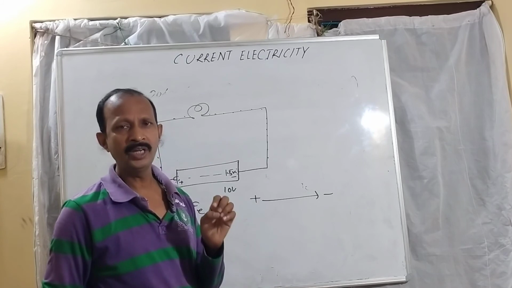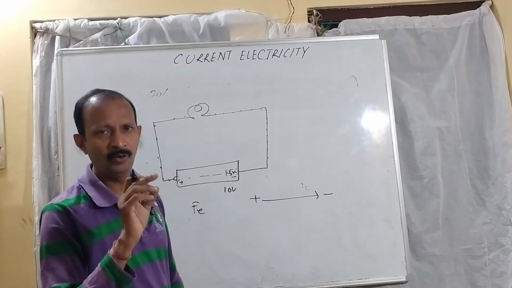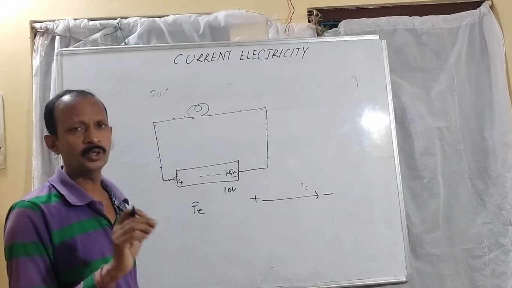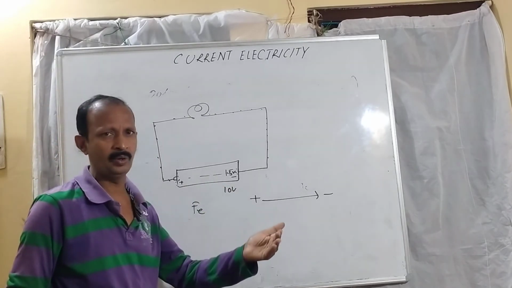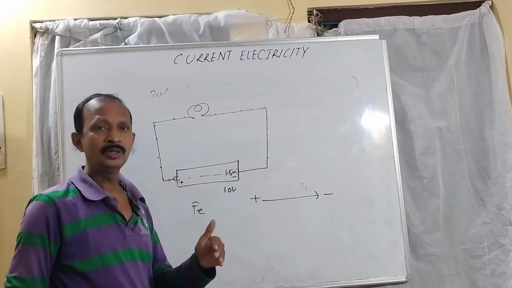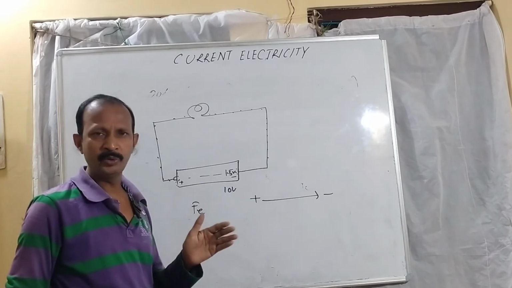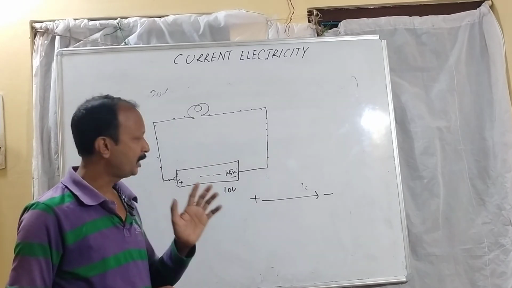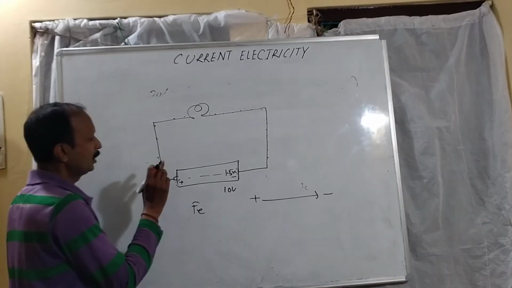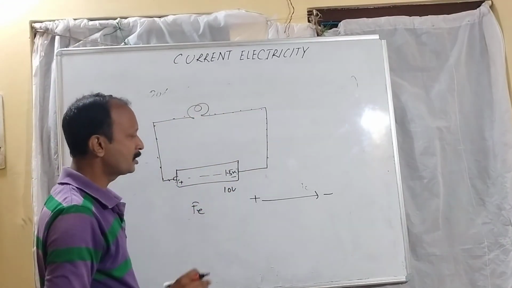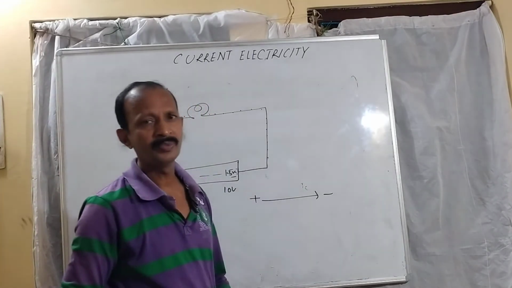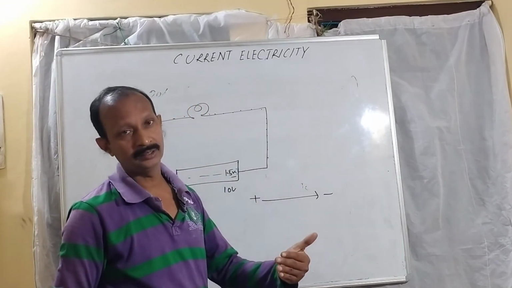Before that, we accepted that current flows from higher potential to lower potential. In practice, current does not flow from higher to lower. But earlier, when we knew of the current but did not know its origin, we accepted the current direction as from higher to lower. So we say that is the direction of the conventional current.